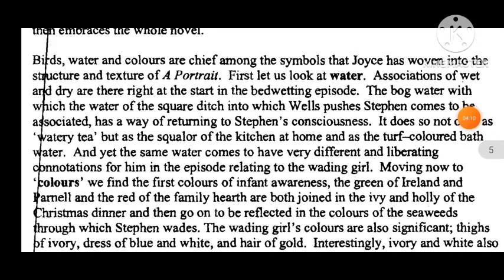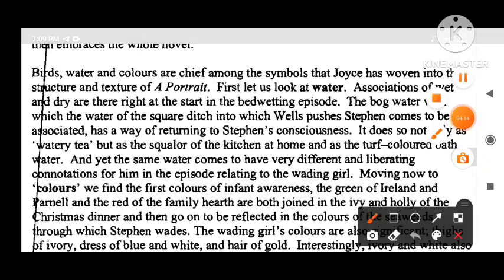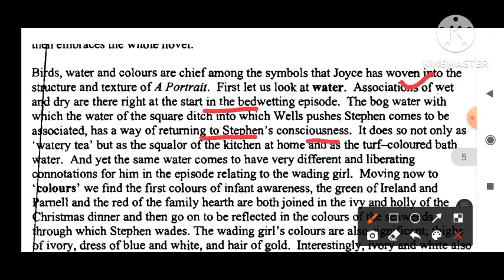So here you can see what imagery or symbol of water James Joyce used in this novel.